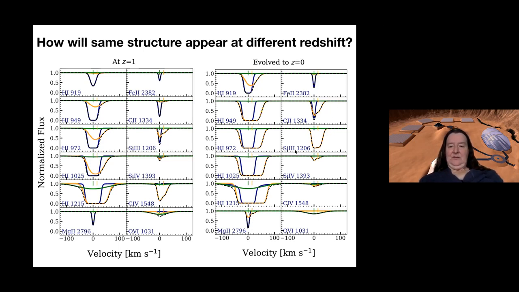Evolved to redshift 0, we're not seeing the same situation at all. We are seeing a situation where the magnesium 2 is stronger and would be detected in the offset C4 cloud. So if this cloud was alone, this C4 cloud, then this would be a magnesium 2 cloud at low redshift, but it would have a lower density than those at higher redshift.